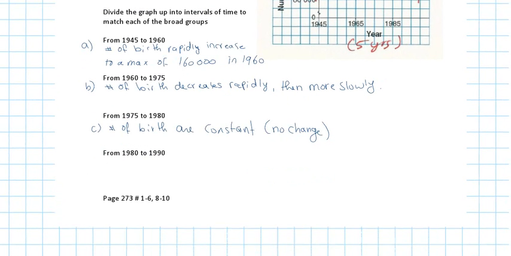So we have the number of births increase slowly at first, and then more rapidly.